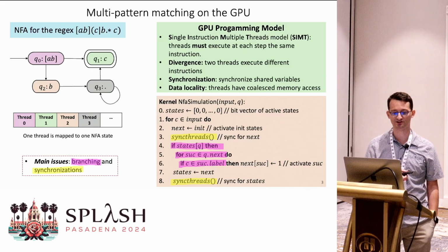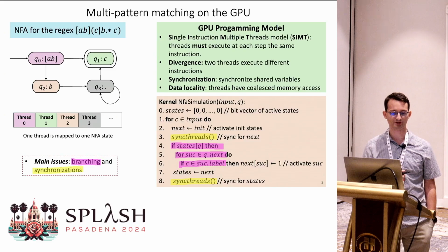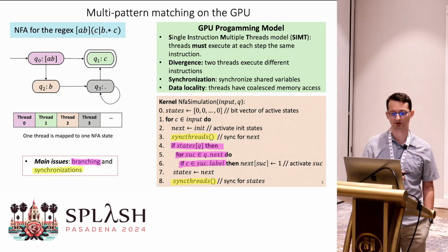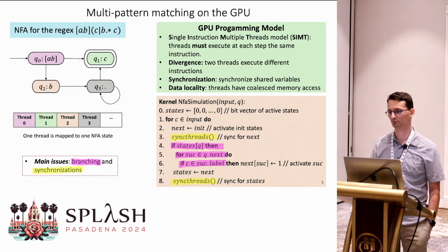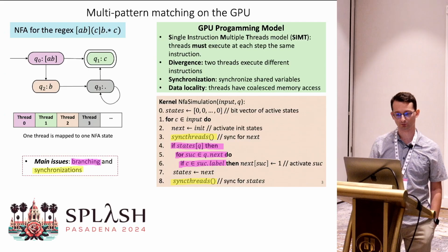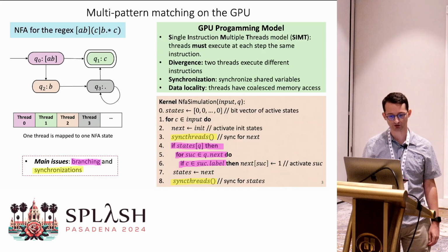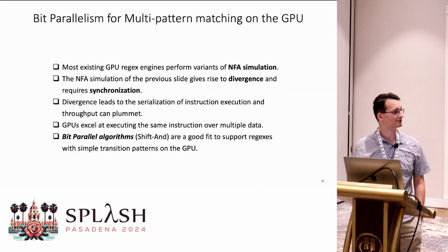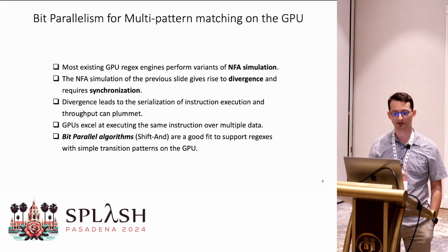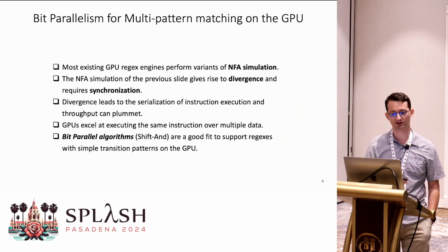Thread 0 is responsible for state Q0, which has two successors, Q1 and Q2, whereas thread 1, responsible for state Q1, has no successor here. So thread 0 has more work to perform than thread 1, which can result in imbalance. Those are the two main issues. As I said, most existing GPU regex engines use a variant of this algorithm that I just showed you.